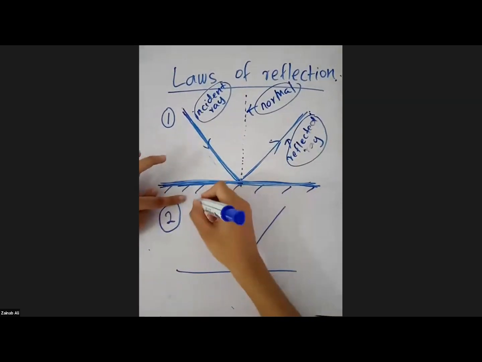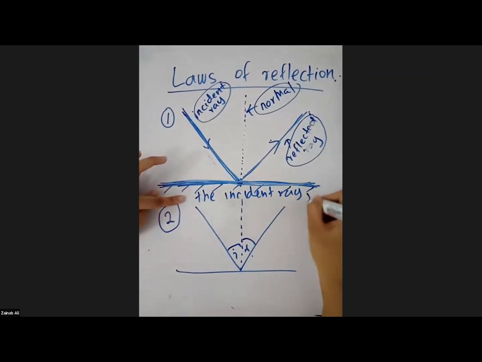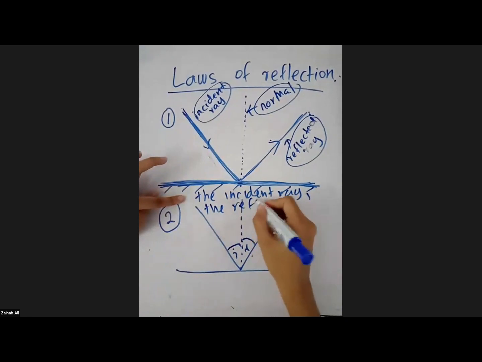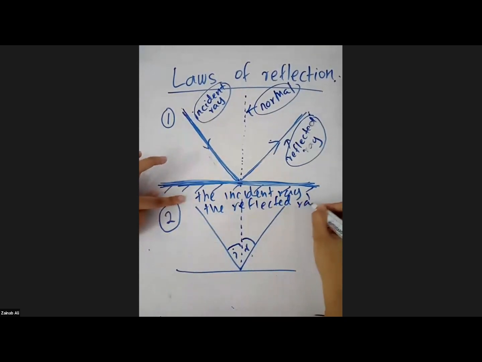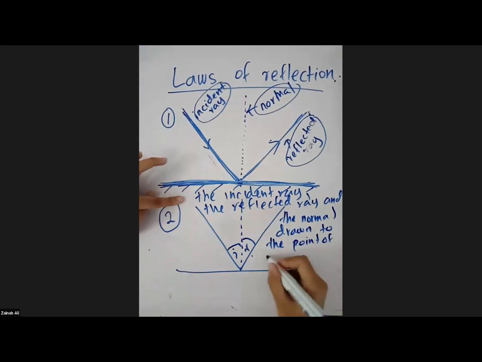What is the first law? The incident ray, the reflected ray, and the normal drawn to the point of incidence should lie on the same plane.